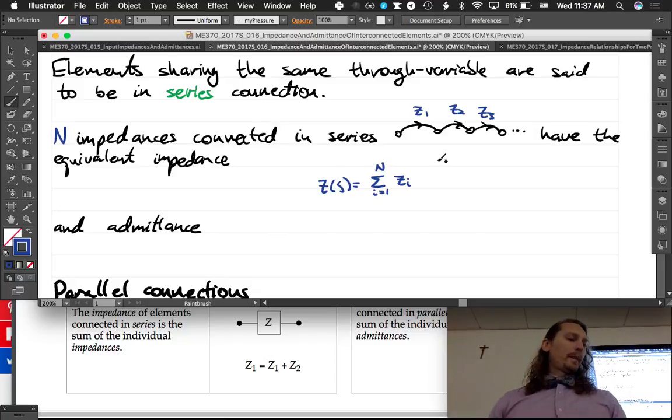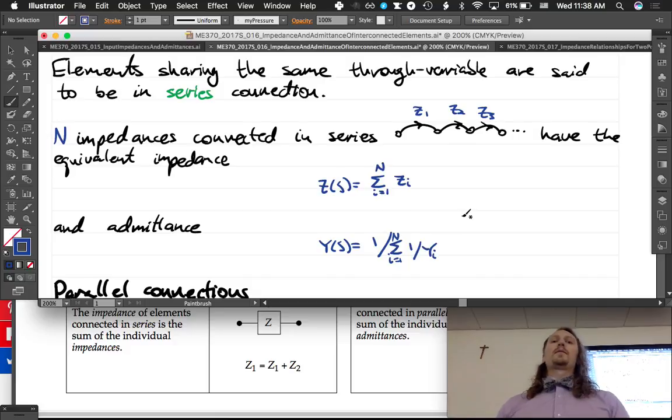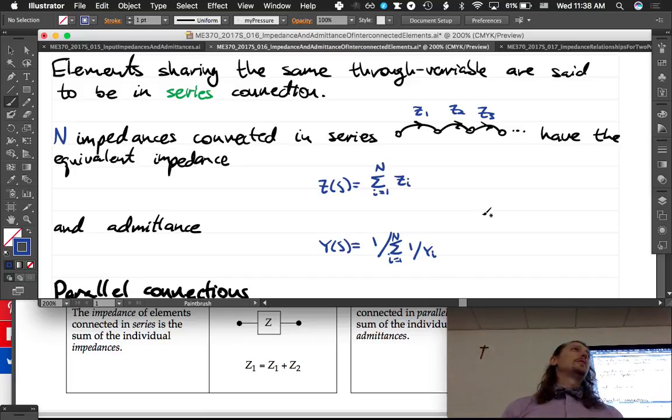Just add them up. And the admittance is, you may or may not have thought this was the case, 1 divided by the sum, from i equals 1 to big N, of 1 over Y i. That reminds us a lot of electrical impedance and admittance as well.